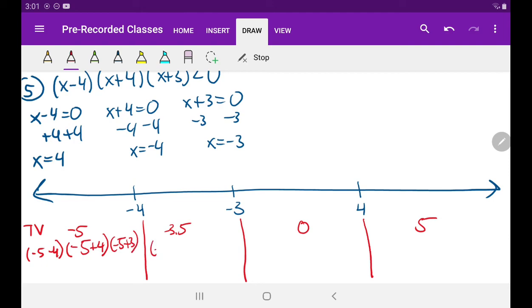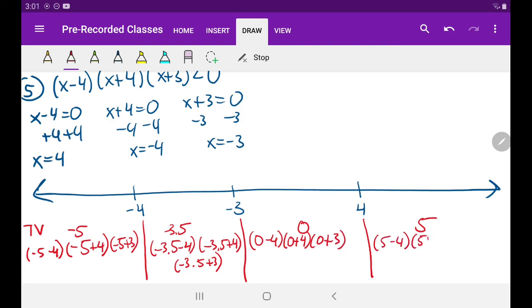And then I'll have negative 3.5 minus 4, negative 3.5 plus 4, and negative 3.5 plus 3. All right, and then I'll have 0 minus 4, 0 plus 4, and 0 plus 3. And then I'll have 5 minus 4, 5 plus 4, and 5 plus 3.